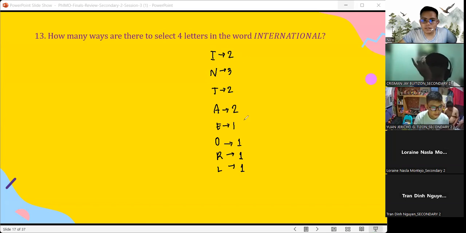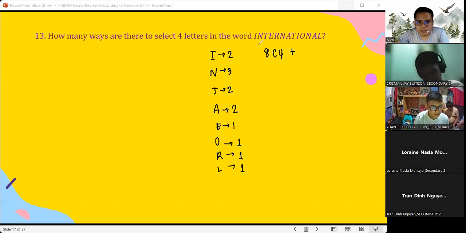So how many distinct letters are there? There are eight distinct letters, you're gonna choose four, right? Now, the problem is what if you take letters that are the same or that are repeated?